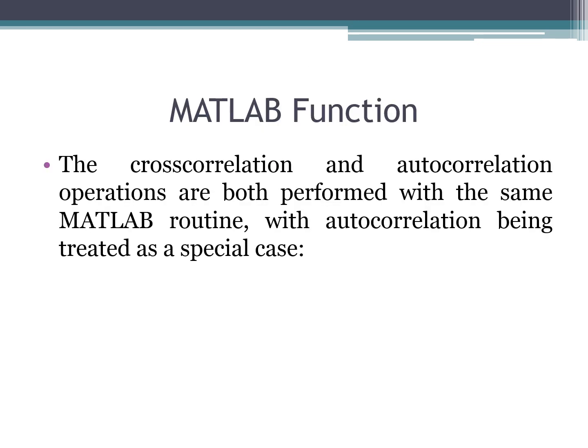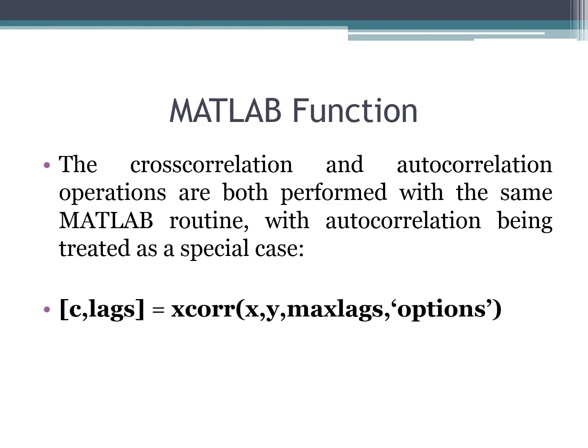Now how will you perform autocorrelation and cross correlation in MATLAB? MATLAB has a specific routine for performing autocorrelation and cross correlation, which is called xcorr. This xcorr treats autocorrelation as a special case. Here you can see this xcorr function has some input arguments and some output arguments.